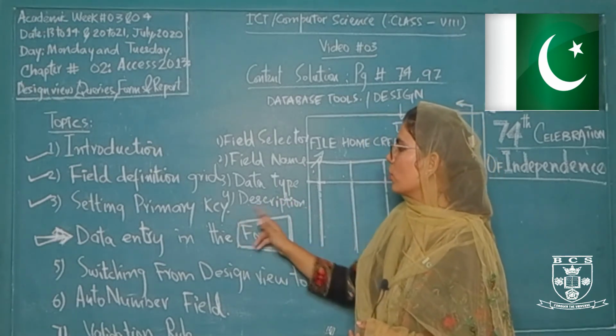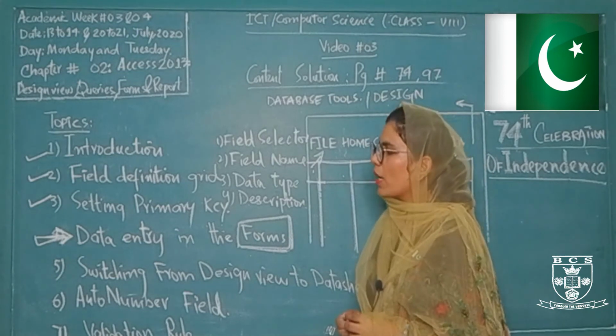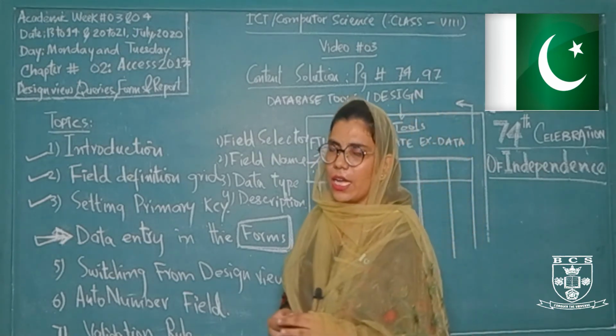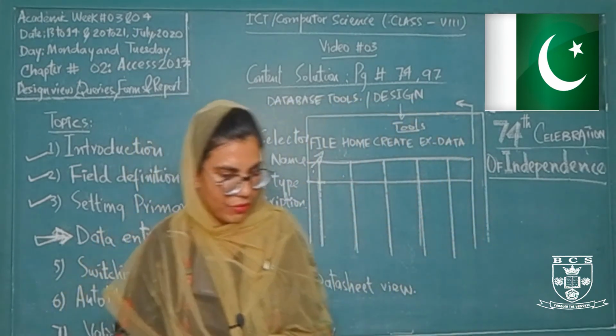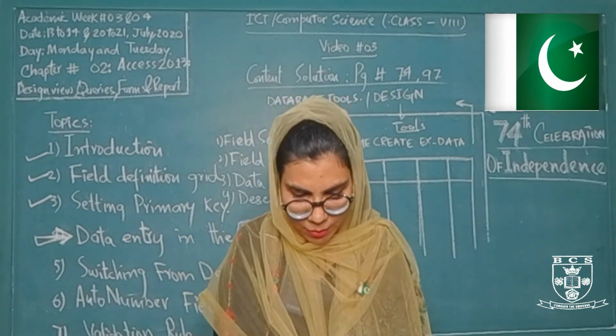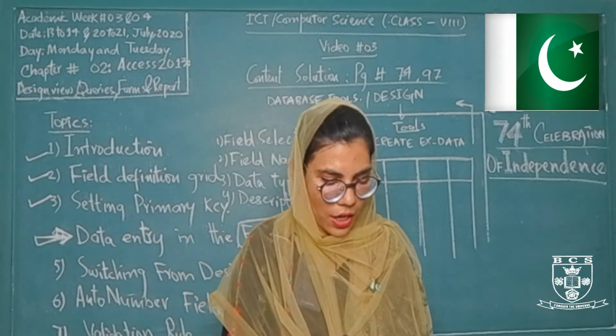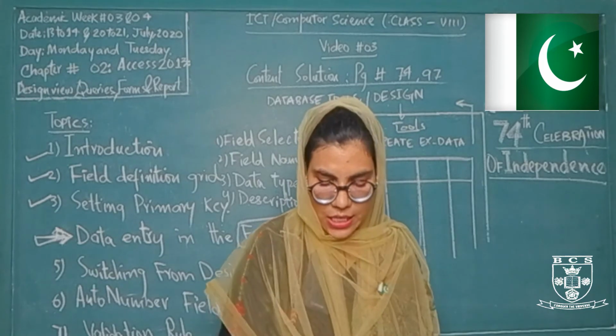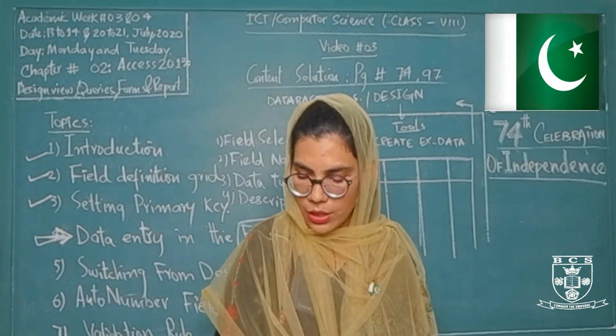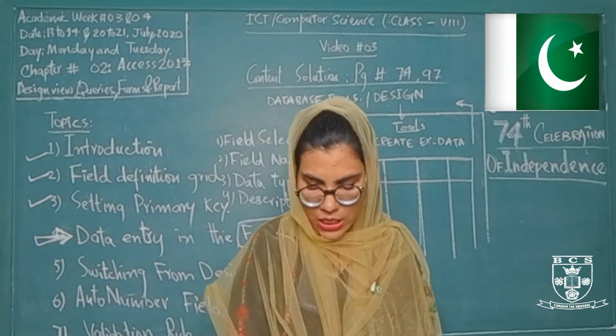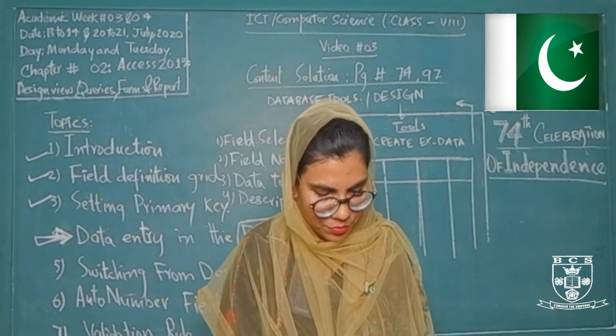Fourth part is your description, and this is a completely optional part, and we can skip this, or we can use this part for writing down the details or descriptions related to each field of your data.